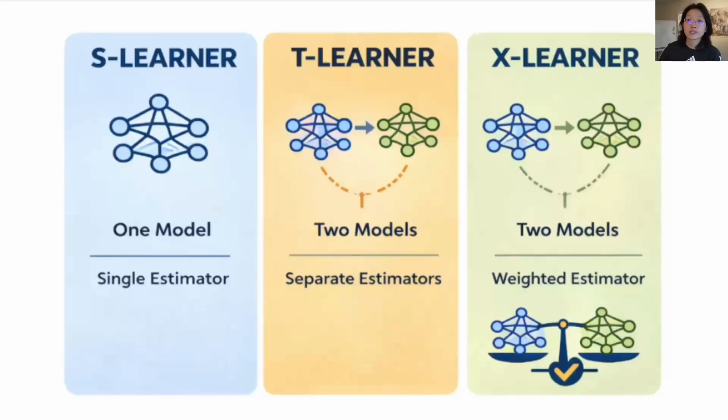Here is a quick summary of what we just talked about. Starting from the simplest, S-learner, which uses one model and takes both user features and the treatment indicator as input features. And then we go from there to T-learner, which can better learn the difference between control and treatment by using two separate models, one for control and one for treatment.